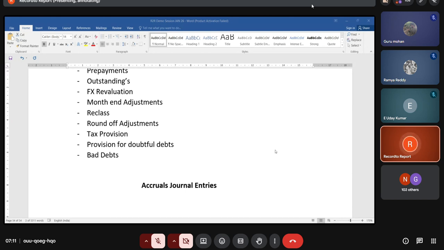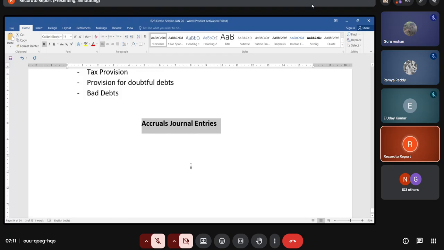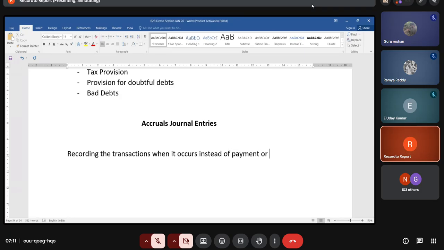So today let's have a two-minute recap. The accrual concept is recording the transactions when they occur instead of on payment or receipt, guys.